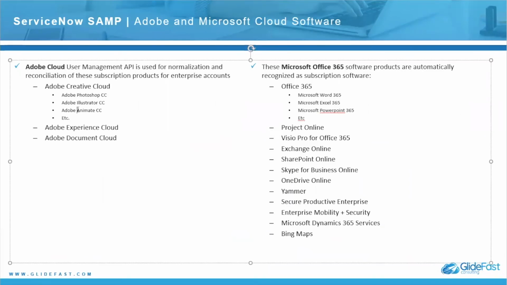We do also have connections to the cloud. With the cloud, the primary ones that we see are Adobe and Microsoft Office 365. They released some new ones recently. When customers want to measure their Adobe Creative Cloud, which is like Photoshop, Illustrator, Animate, all of those things, we get that through a cloud connection, as well as their Office 365 information. And this is what generates the subscription records.